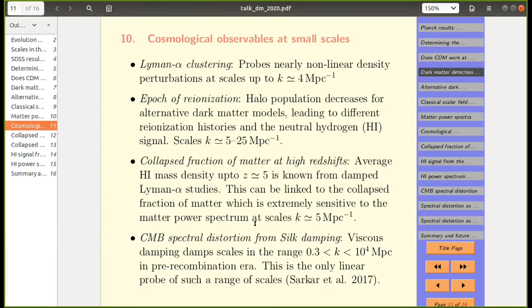In particular, the H1 mass and the collapse fraction of H1 is known to us. And again, this is sensitive to k of the order of 0.5 megaparsec inverse. Finally, the CMB spectral distortion is a very powerful probe of alternative dark matter, but again, I'll not discuss this in this talk. My focus will be the middle two in this talk.